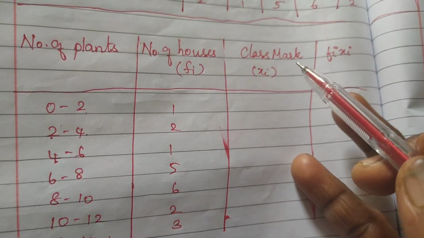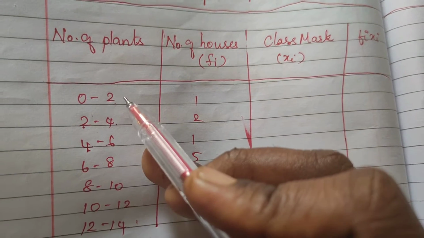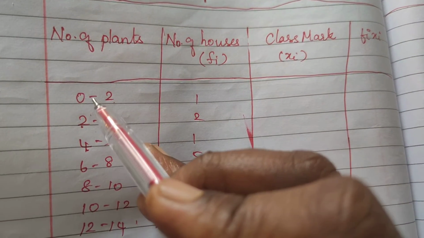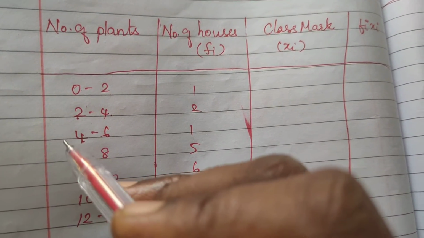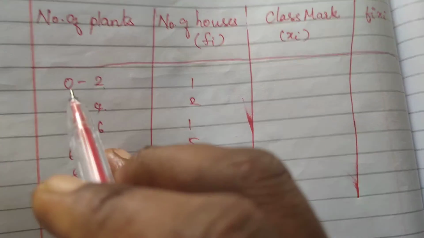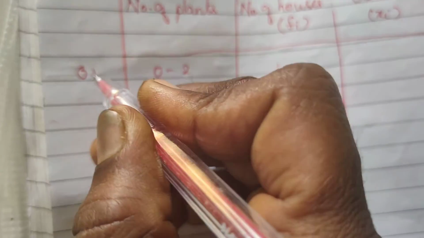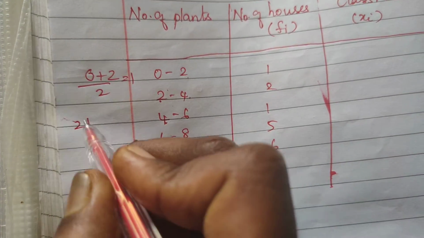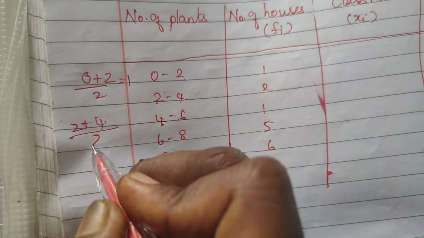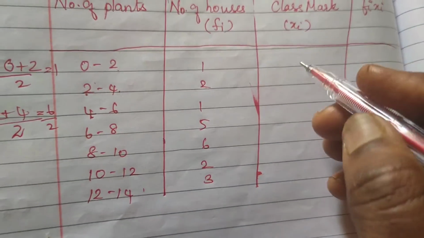The class mark is nothing but the midpoint of the class interval. For 0 to 2, the midpoint is 1. If you are not able to find the midpoint directly, add 0 plus 2 and divide by 2, which gives 1. 2 plus 4 divided by 2 is 6 by 2, which is 3.